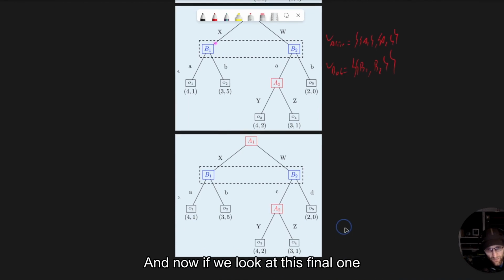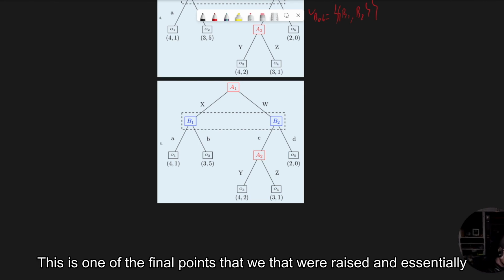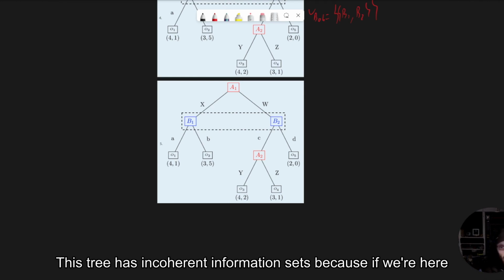And now if we look at this final one, this one's slightly more tricky and more subtle, because this is one of the final points that were raised. Essentially, this tree has incoherent information sets.